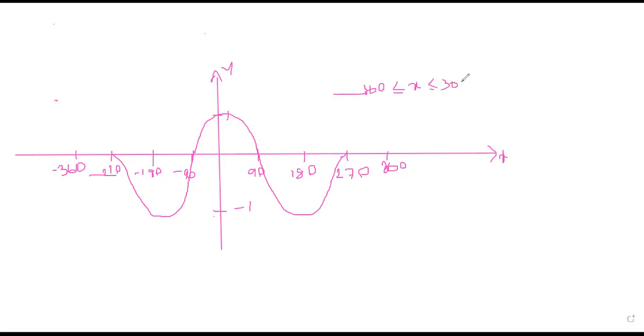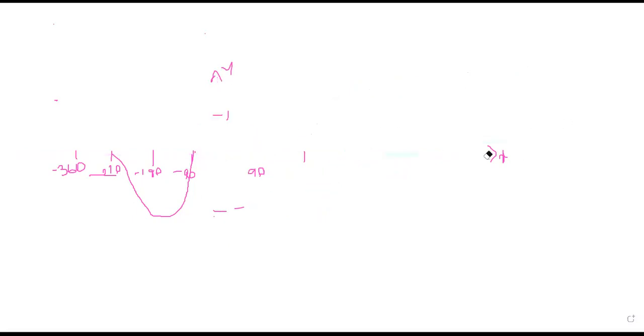So let's go to the tan graph. These are the basic things. Questions in the paper are very different. I'm just giving you a basic idea of how to draw a sine graph, a cos graph, and a tan graph.